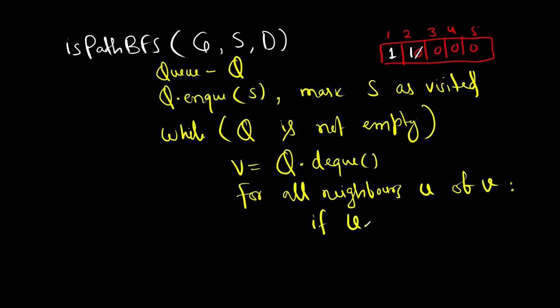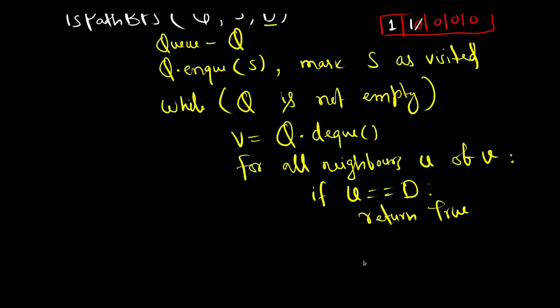If u equal to d, it means this particular node that we are going to check at this place is equal to destination, we need to return true. It means we have found a path. That's why this particular node that we are getting is equal to destination, right?